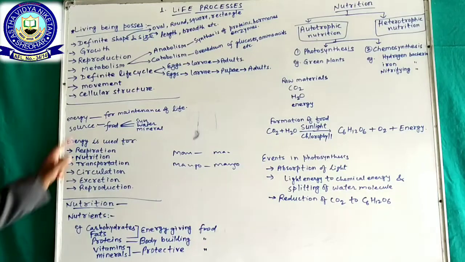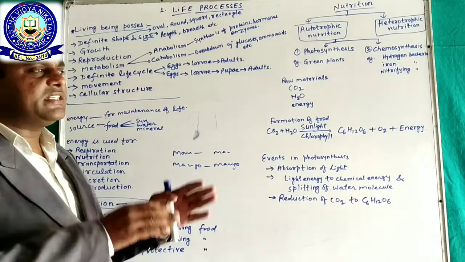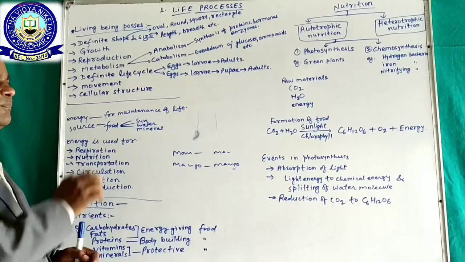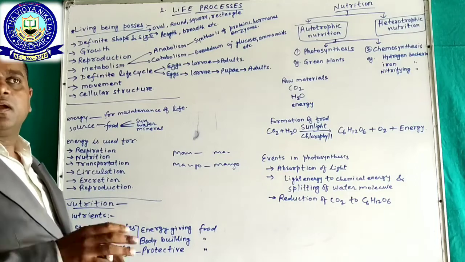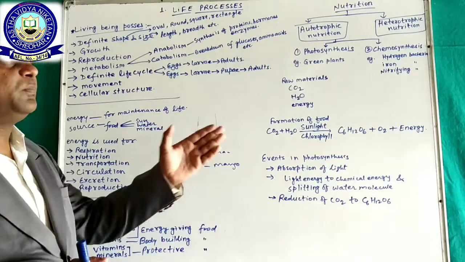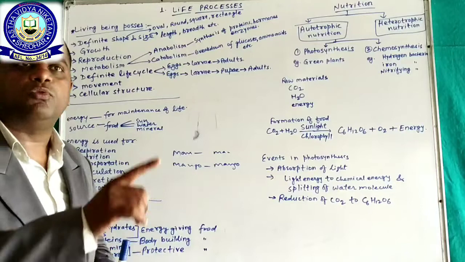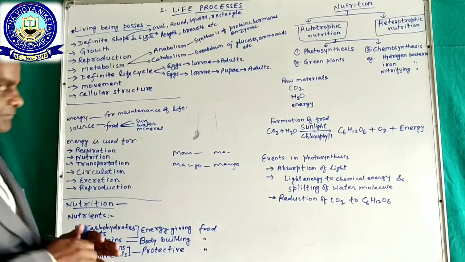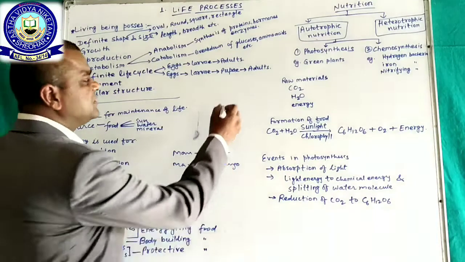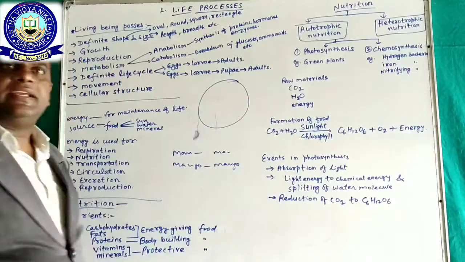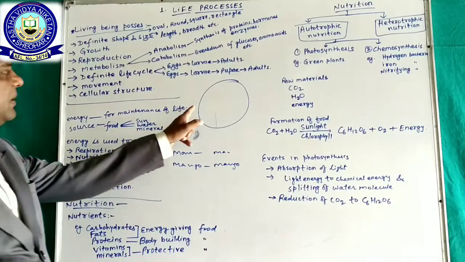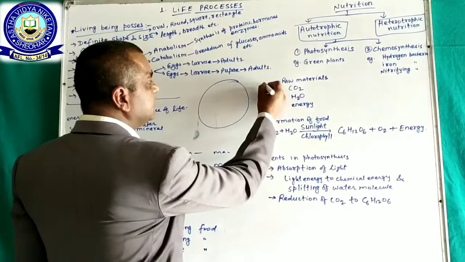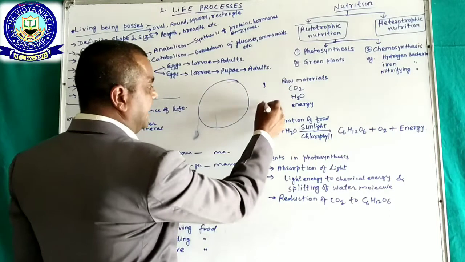Now movement is the change of places according to their needs, like food. In search of food, organisms go from one place to another. Now cellular structure. Cellular structures means they may be round shaped cells, comma shaped cells, hammer shaped cells.